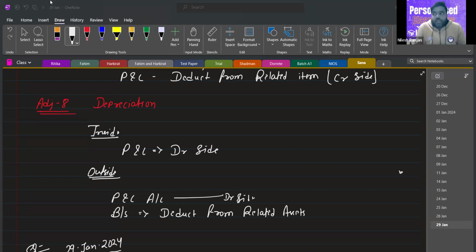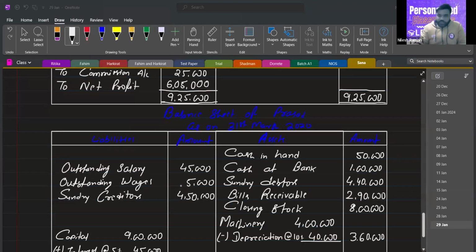Now, one more thing. I want to ask you a question: which will be deducted from the debtors first, bad debts or doubtful debts? Let me write an example here, then tell me.